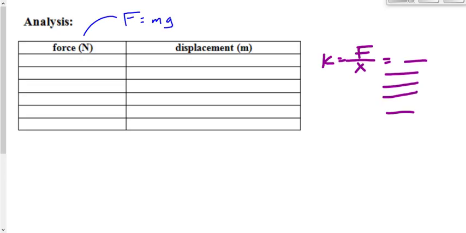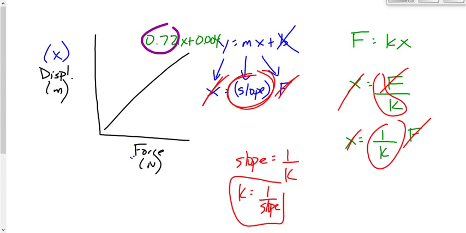Okay, the problem with that is that if you happen to be off on a data point or two, then you get a dramatically different value for Hooke's spring constant, right? The point of a graph is that it kind of smooths it out. Okay, I get a data point that's way up here, but I get another one that's way down here, right?